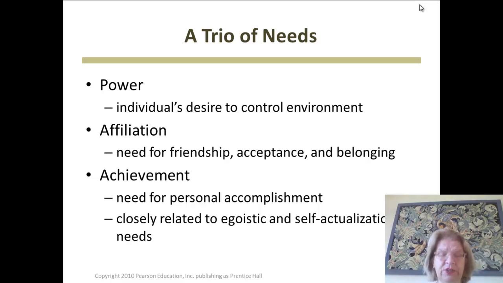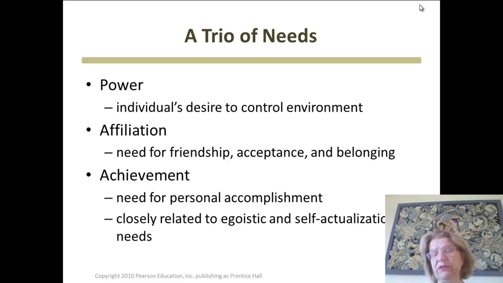Some psychologists believe that this trio of needs exists for more consumers than marketers can find a tie to motivation. Power refers to the individual desire to control other people and objects. It is tied to a type of ego needs.